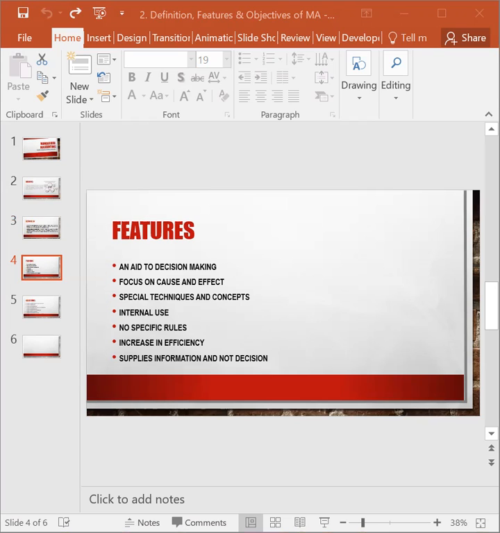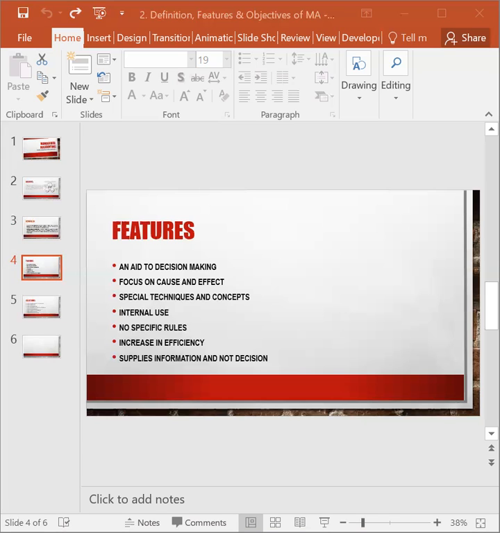Management accounting provides the accounting information in such a way that it is helpful for decision making. It is concerned with all such information which is useful to management in decision making at different levels. So it is an aid to decision making, whether we should continue the product or not, whether we should diversify, some decisions that management wants to take. In those decisions, management accounting is going to be a big help.